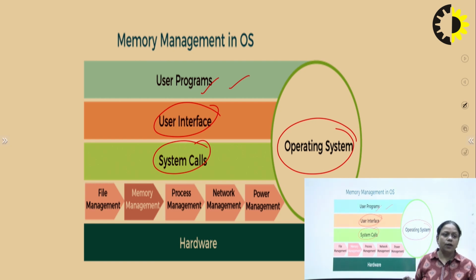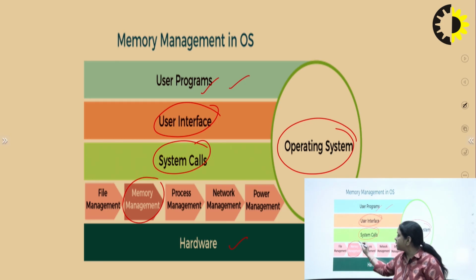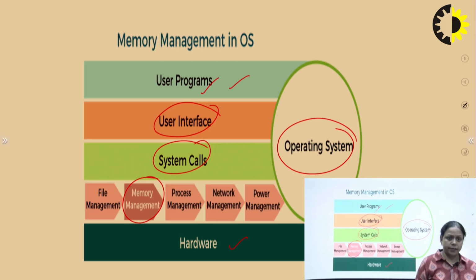These are the main functionalities of the operating system, and this is the hardware. To provide the interface between the user and the hardware, we need an operating system, and the operating system performs many different tasks, and memory management is the main task of the operating system. In this lecture, we will understand the use of memory management and why it is required.